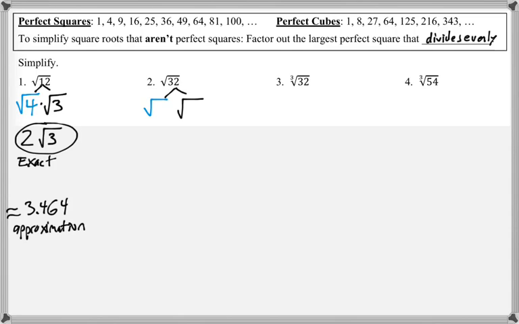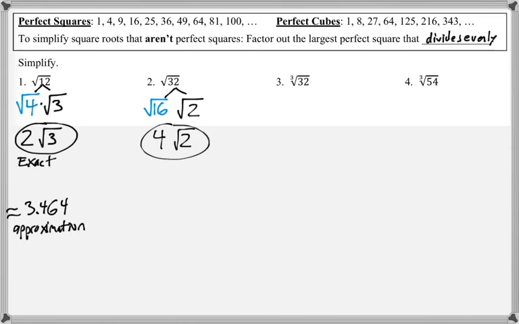So 16 is the largest perfect square that divides evenly into 32. And it goes in 2 times. So then you actually want to take the square root of 16, which is 4, without a radical, and then you still have that square root of 2 left over.